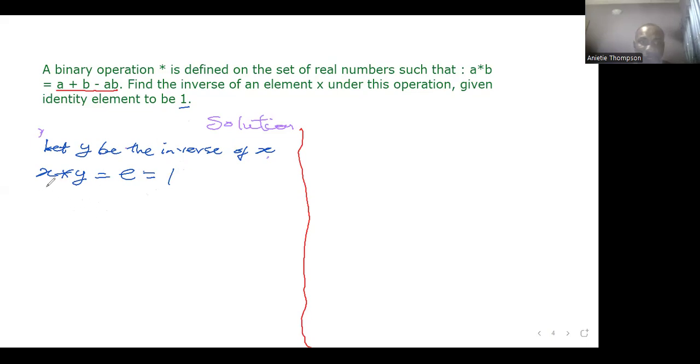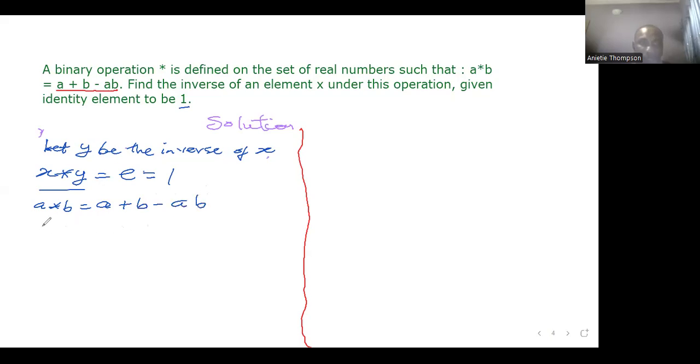So therefore, let's write the expression like this, given the definition that is known. We know that a asterisk b is equal to a plus b minus ab.